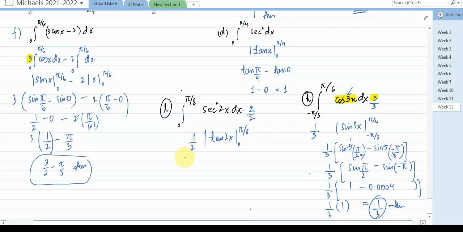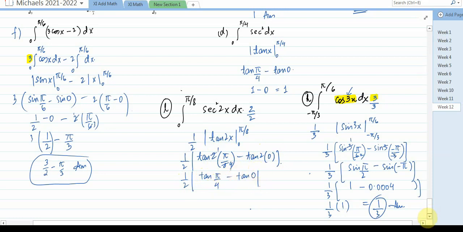Applying limits, so it's 1 upon 2, upper limit it's tan 2 times pi by 8, minus tan 2 times 0, alright. So 2 ones are 2, 2 fours are 8, so it's 1 upon 2, tan pi over 4 minus tan 2 times 0, which is 0.